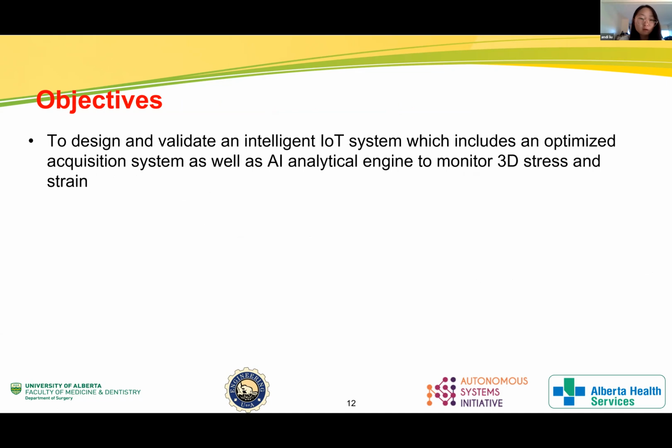So the objective of this study is to design and validate an intelligent IoT system, which includes an optimized data acquisition system, as well as an AI analytical engine to monitor the three-dimensional stress and strain.